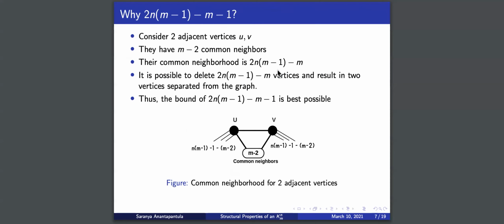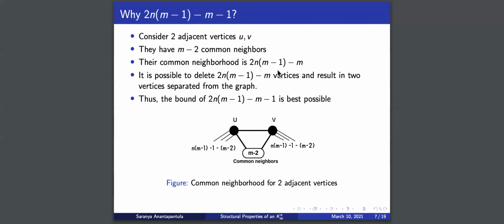You might be wondering, why was this bound used? And why was the bound tight? Well, this number was derived from the common neighborhood of two vertices. First of all, each vertex is adjacent to n times (m-1) other vertices, and two adjacent vertices, say u and v, have m minus 2 common neighbors.